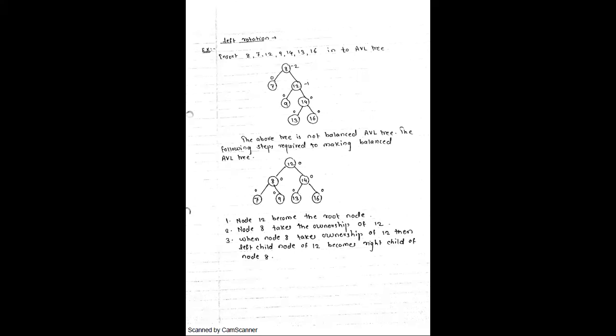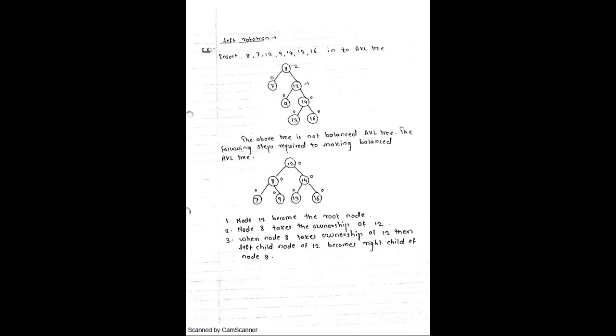Now here we have considered the correct one. Previously this was the right one, so in the notes you can consider the corrections. Left rotation. Now how to apply the left rotation? Now 12 becomes the root node, right? When 12 becomes the root node, it means node 8 takes the ownership of 12.